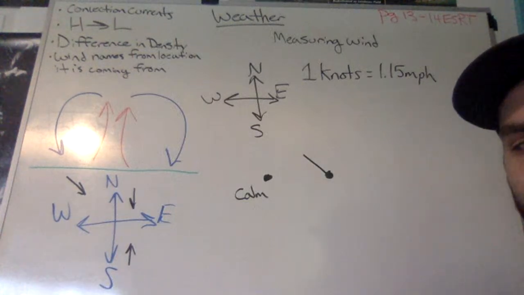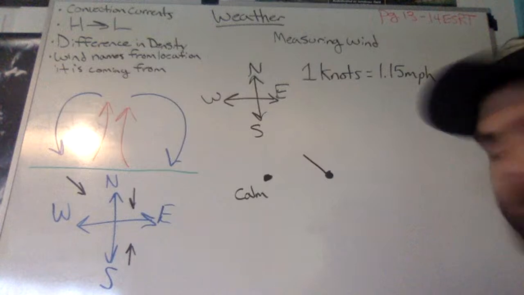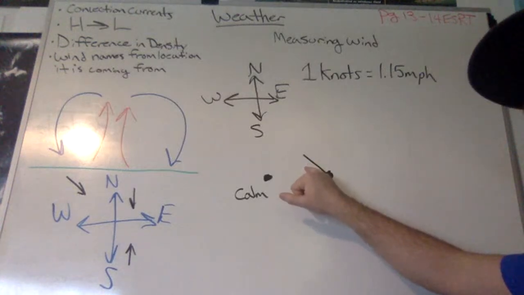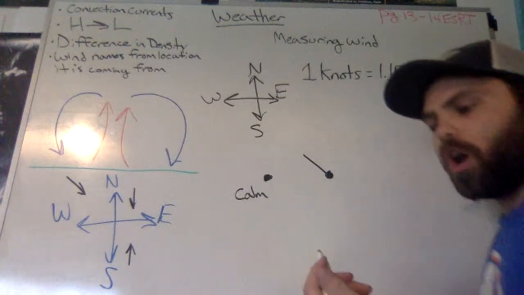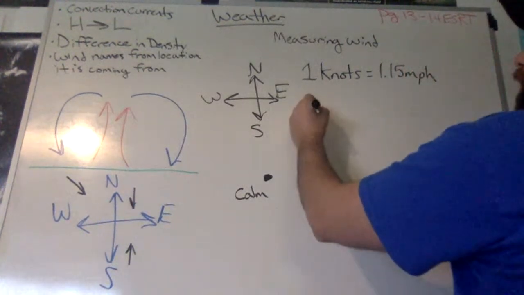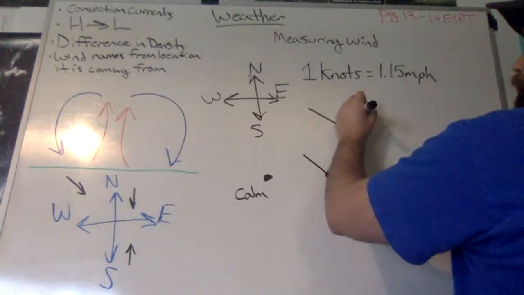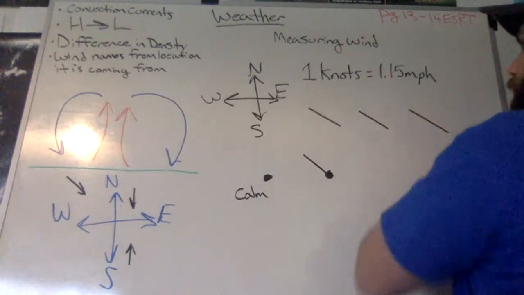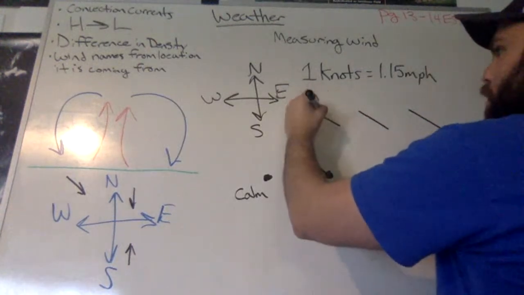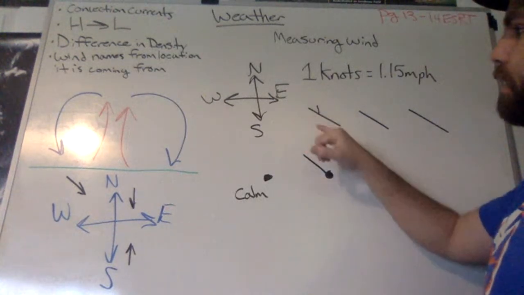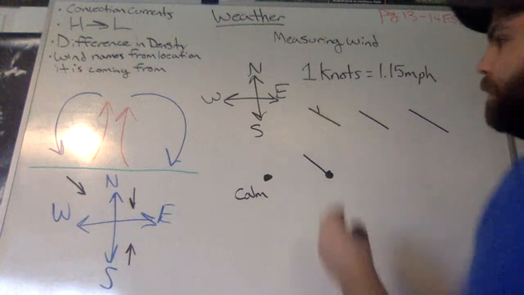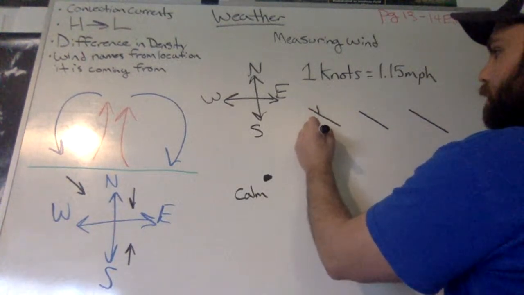Now, there's a couple of things that get put onto this line that indicate how fast it's going. So I'm going to draw it up here. Let's say we get a bunch of these things. If you get a line like this that's not at the end of it, this is 5 knots.